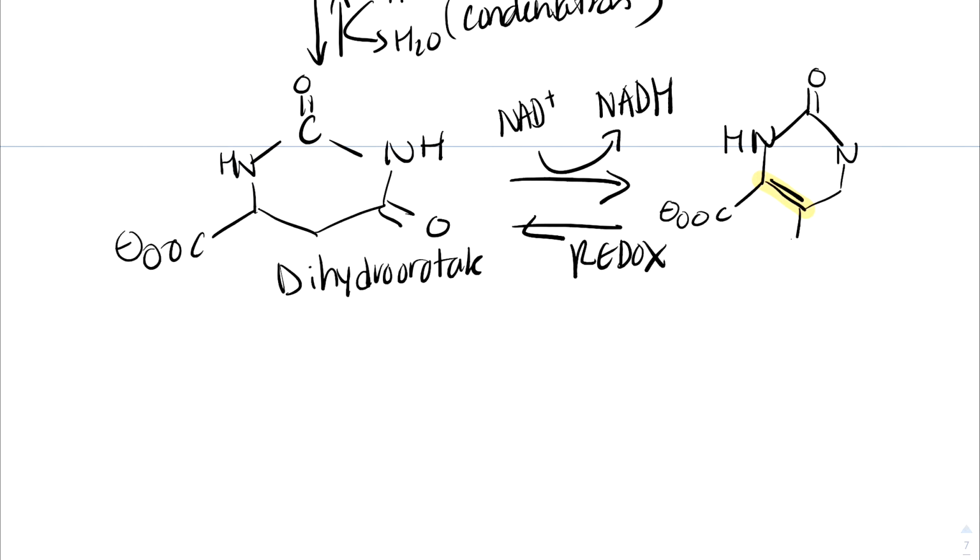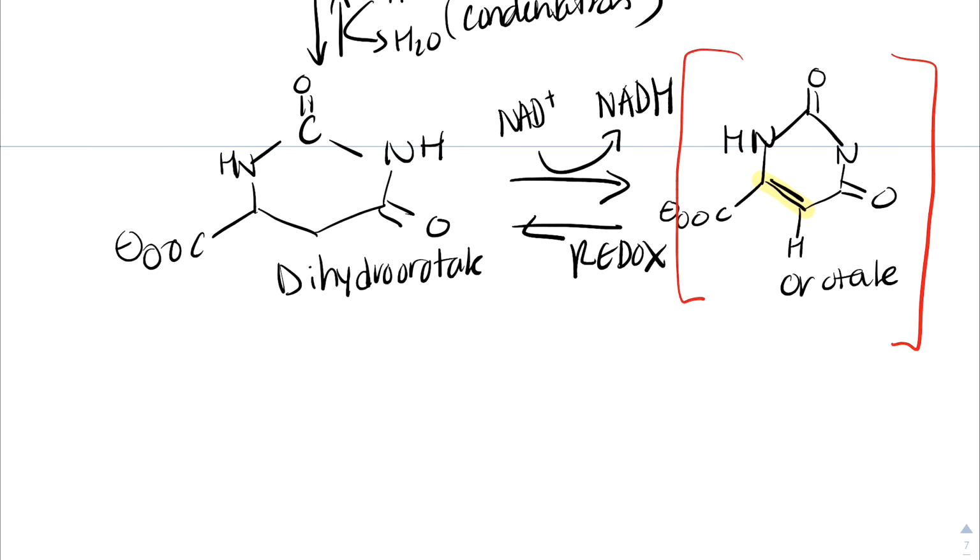And this is called orotate. Now, orotate is an intermediate. It is a precursor for all pyrimidines.